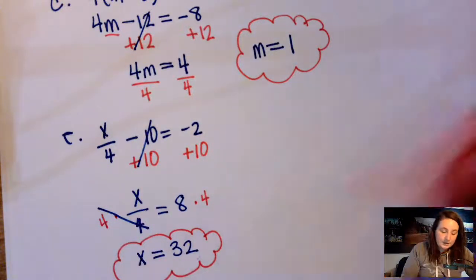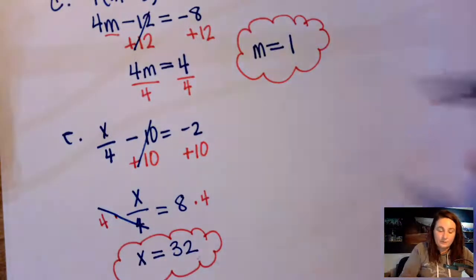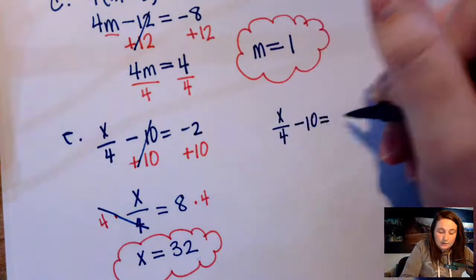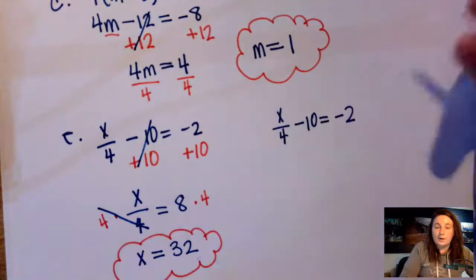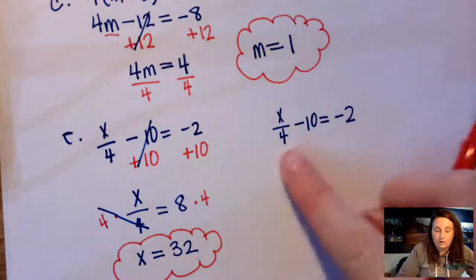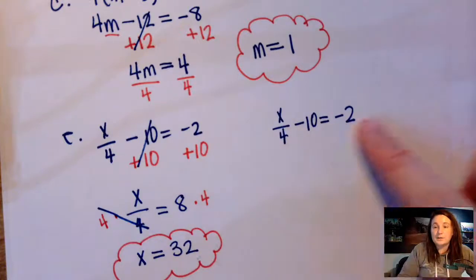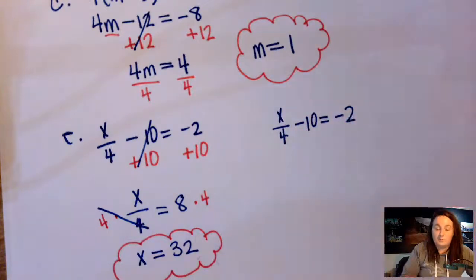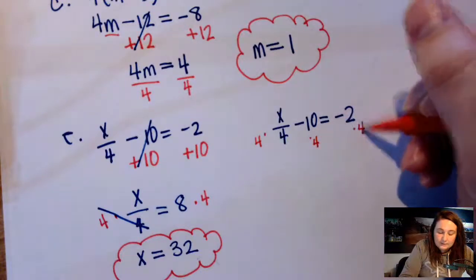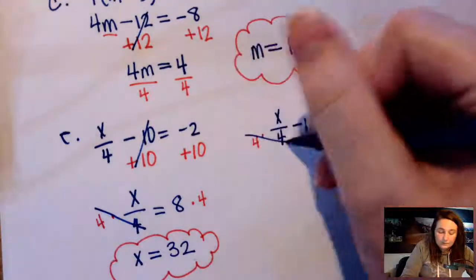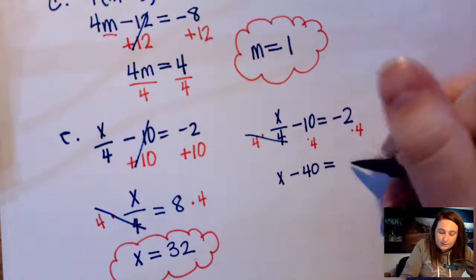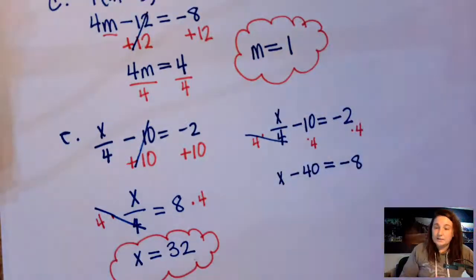I said there was another way you could do that, and that was if you wanted to get rid of the fraction right away, you can. You just have to make sure that when you are multiplying to get rid of the fraction, you multiply all of the pieces. If it was a huge equation, you have to multiply every single piece. In this case, we multiply all 3 pieces, and we would get x minus 40 equals negative 8.